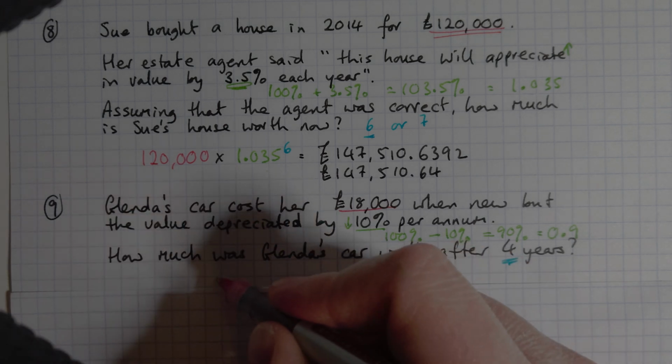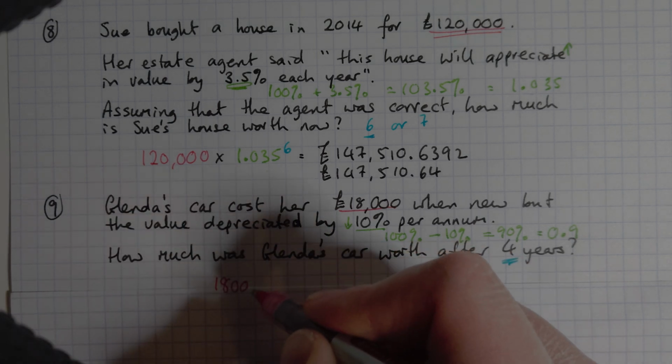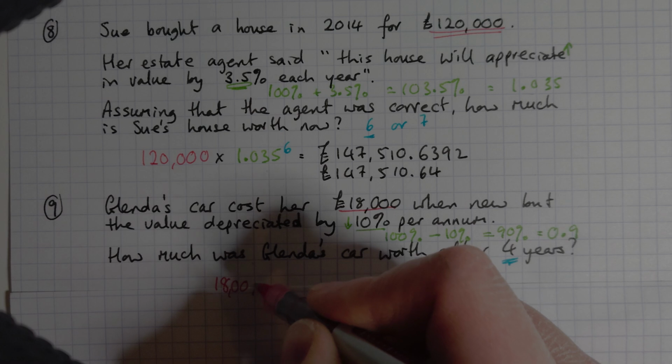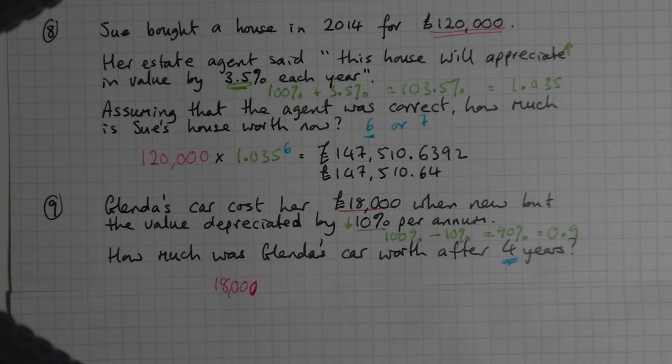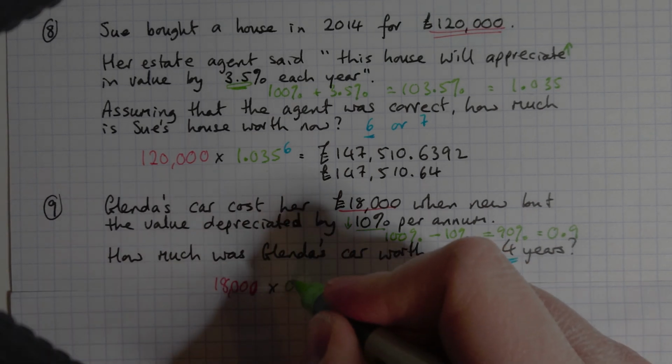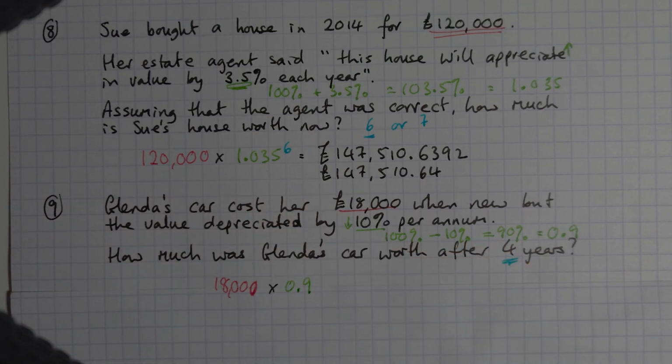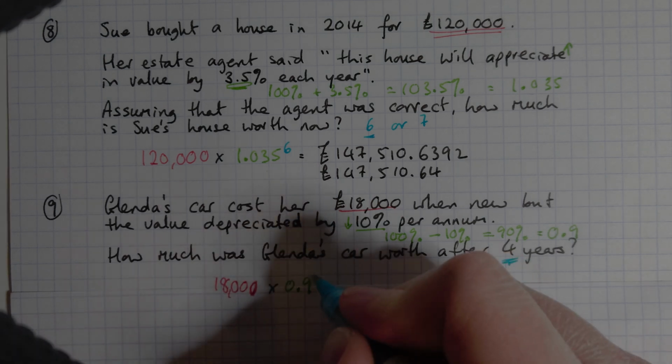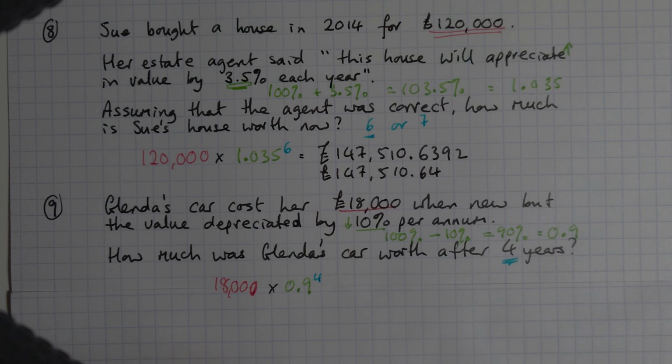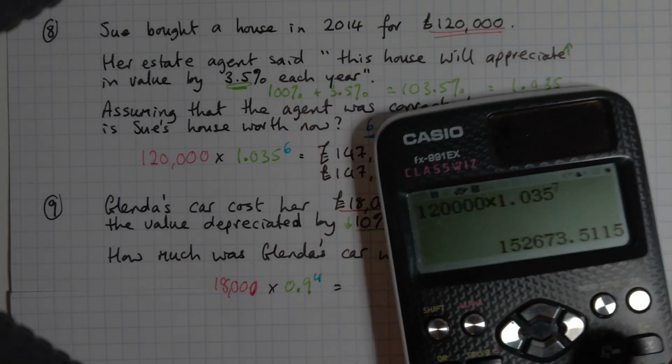So it's £18,000 to begin with. 18,000, that's 3 zeros, isn't it? Not 2. £18,000 to begin with. And I'm going to multiply that by the multiplier, 0.9. But the decrease is not just going to happen once, it's going to happen 4 times. So let's sub this in and see what happens.